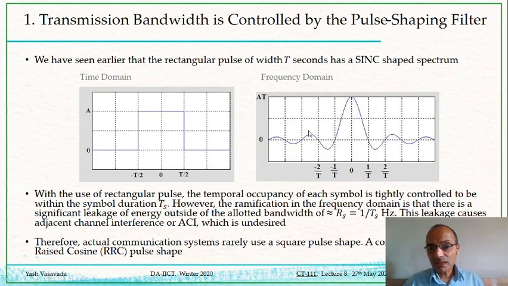Because if you reserve any less than that, then because of this energy leakage, your transmission may interfere with some channel which is adjacent to the portion of the spectrum that is allocated to you, and that will cause what is known as adjacent channel interference, and that can lead to all sorts of problems.